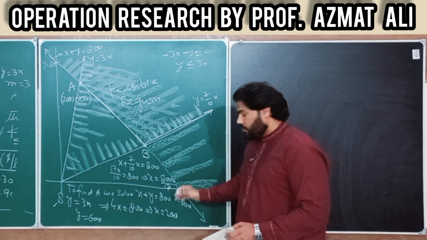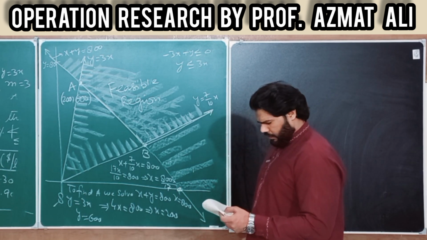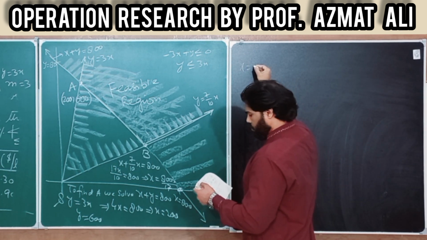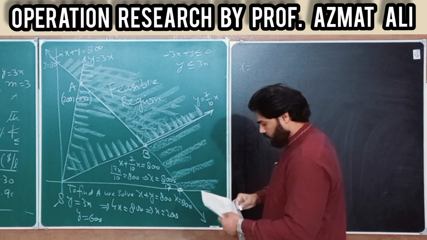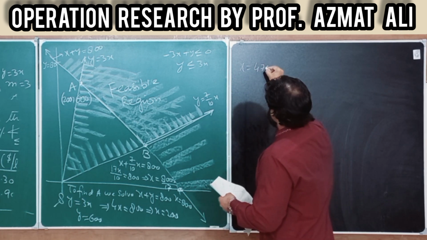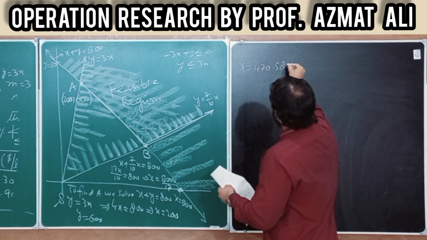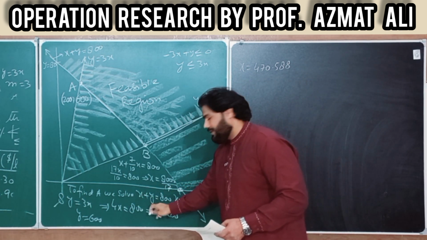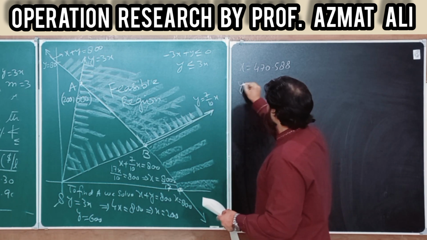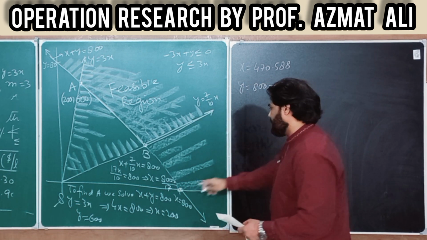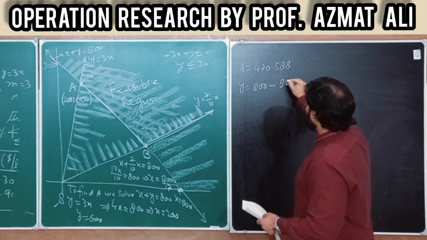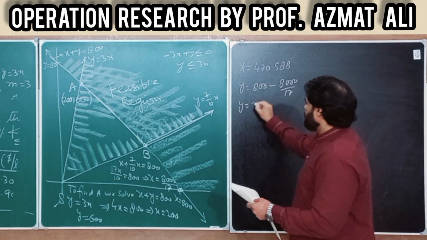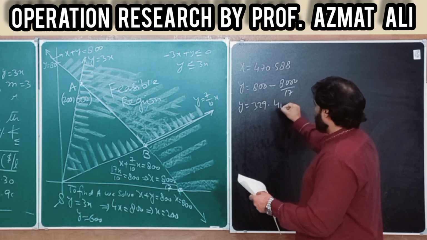In decimal form, x is equal to 470.588. By substituting this value of x in y equal to 800 minus x, our y will become 329.412.